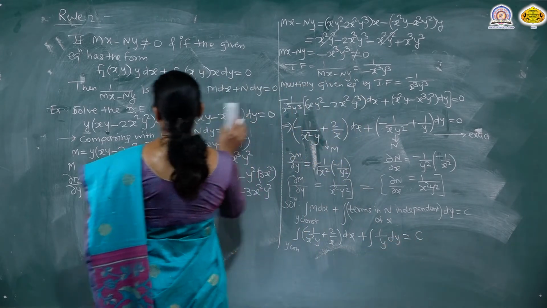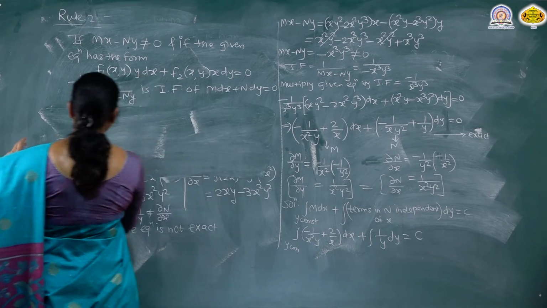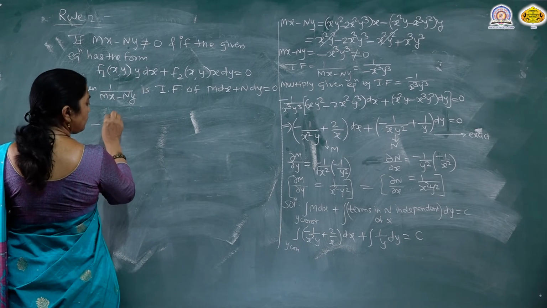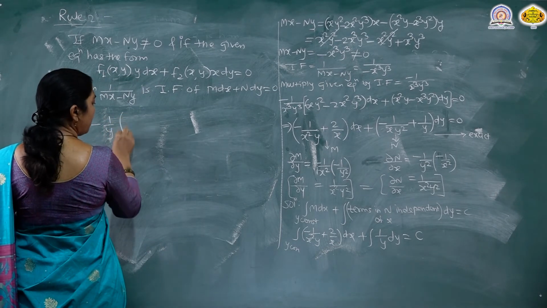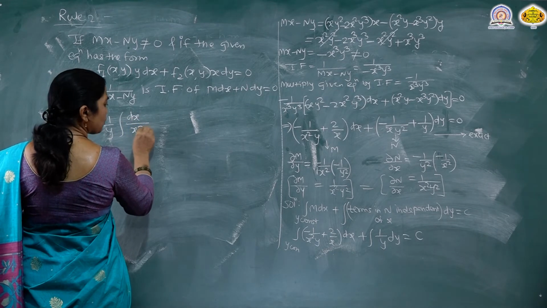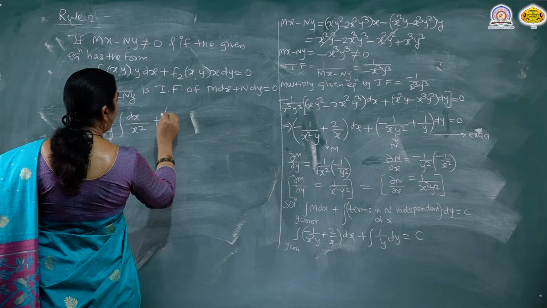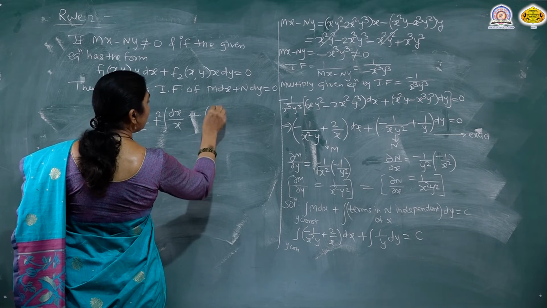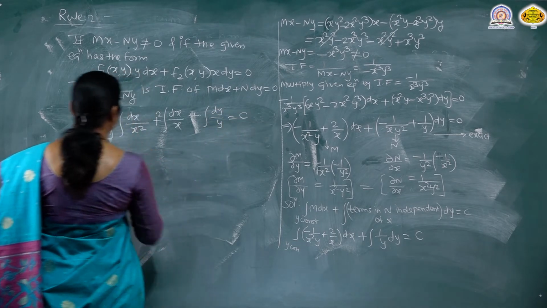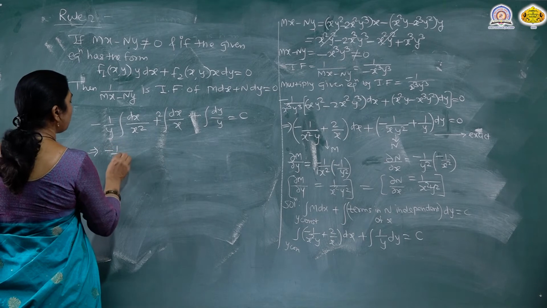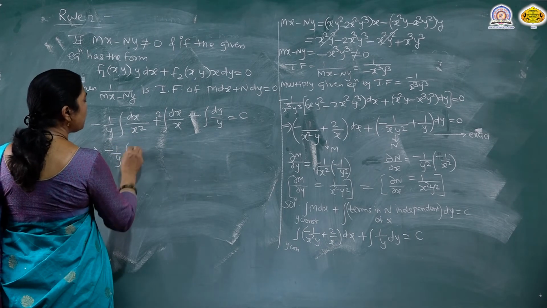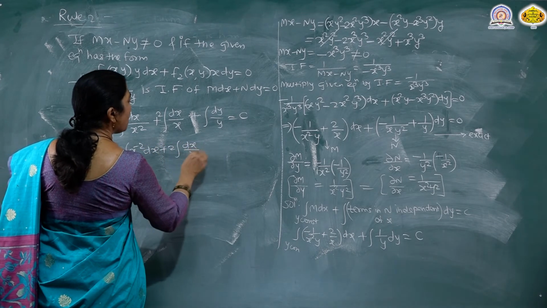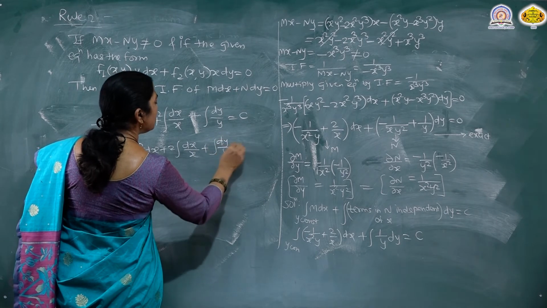Integrate with y constant. Because y is constant, we take minus 1 upon y outside: integral dx upon x square plus 2 times integral dx upon x plus integral dy upon y is equal to c. That is minus 1 upon y integral x raised to minus 2 dx plus 2 integral dx upon x plus integral dy upon y is equal to c.